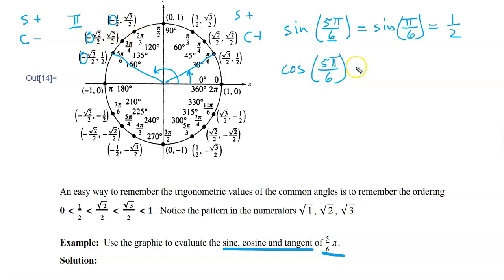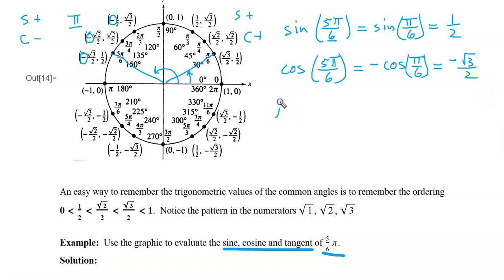So the cosine of 5 pi over 6 is going to be actually negative of the cosine of just pi over 6. And so we're going to get negative root 3 over 2.